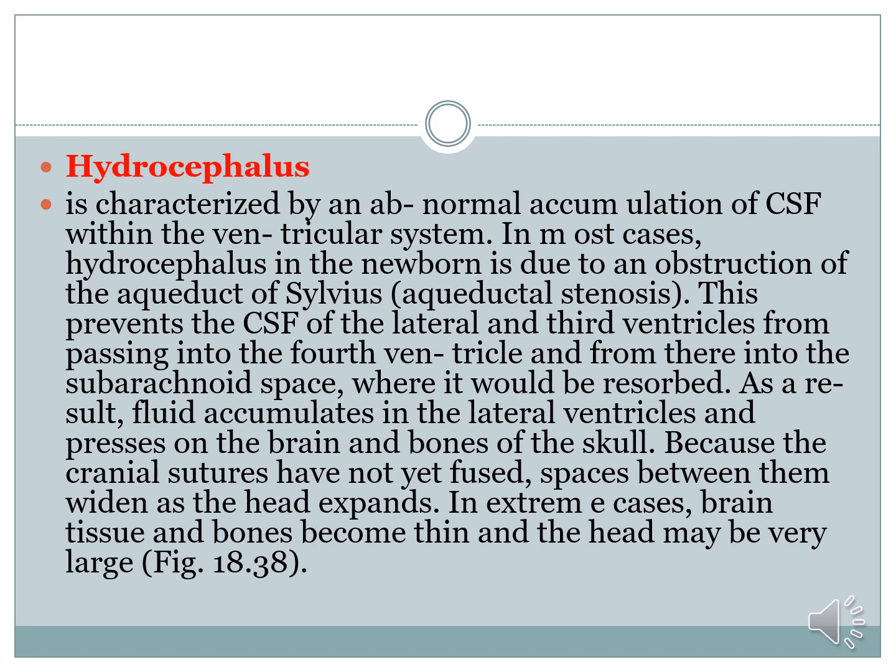So there will be fluid-filled spaces, and extra fluid will collect in these ventricles. This will press on the brain and the bones of the skull, and widen the sutures, especially in the baby in the first few months following delivery, and it presses over the brain tissue. So the brain tissue will be very thin, and the head may be very large.